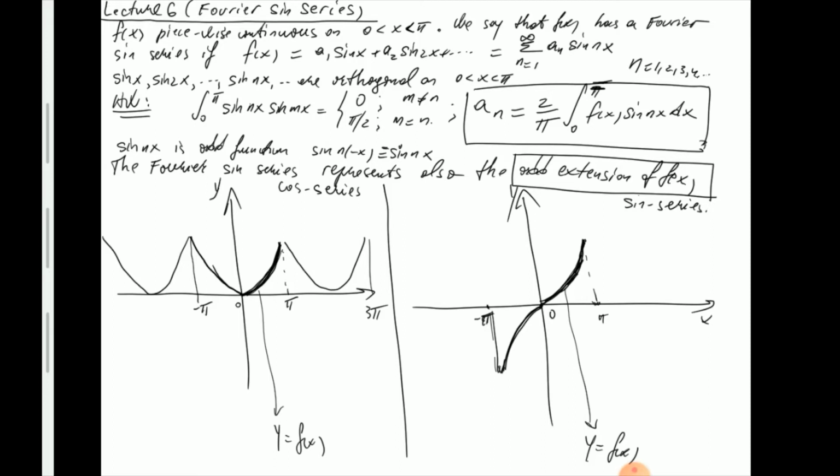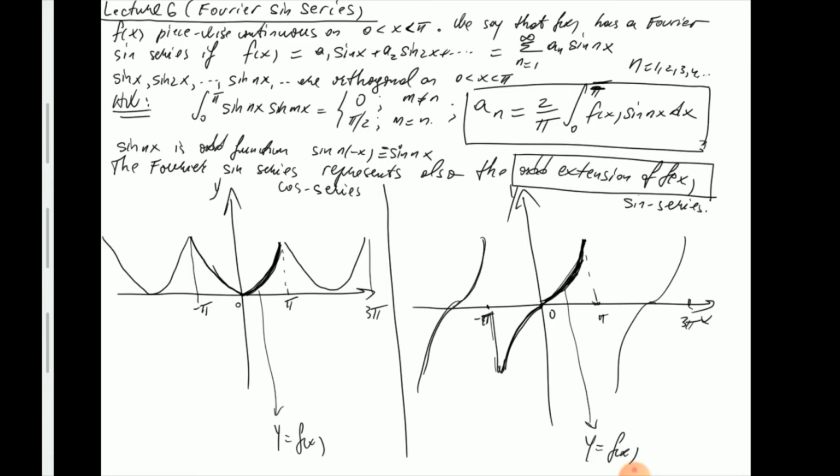So again, remember the seed, the original function is the same on the interval 0 pi, but the sine series will represent the odd extension. And of course, then this can be extended throughout the real axis line, because again, the sine function is also periodic with period 2 pi.